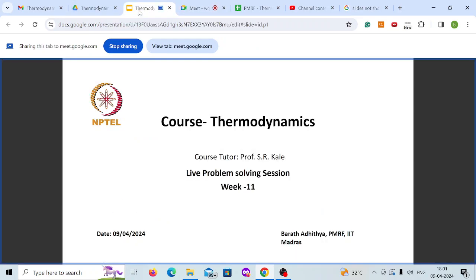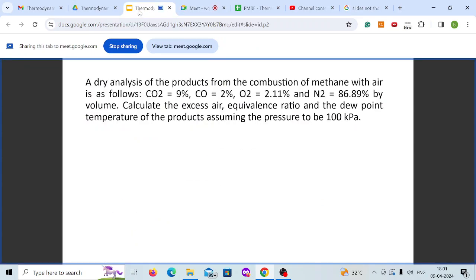So we'll see how to solve this. Going to the first problem: a dry analysis of the products from the combustion of methane with air is as follows. So you are doing a combustion process of a methane and air mixture, and that gives you CO2, which is 9%, CO, which is 2%, oxygen, which is 2.11%, and nitrogen, which is 86.89%.